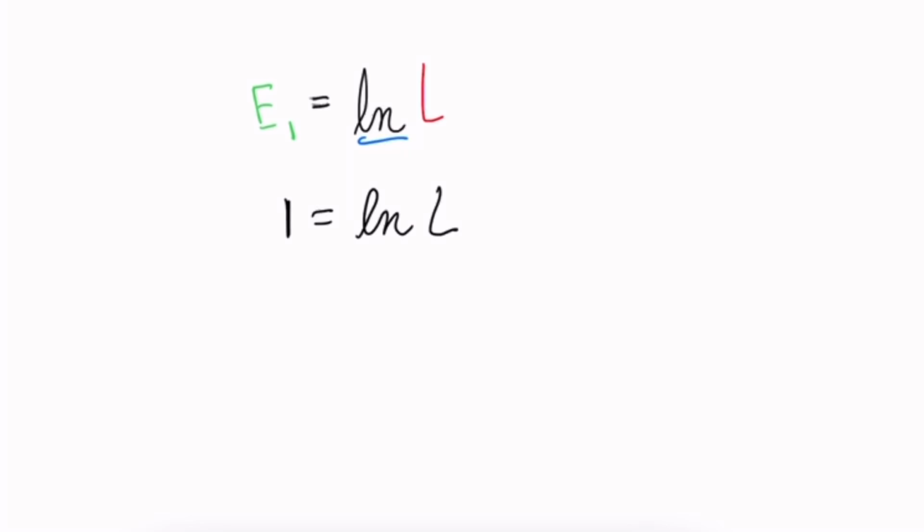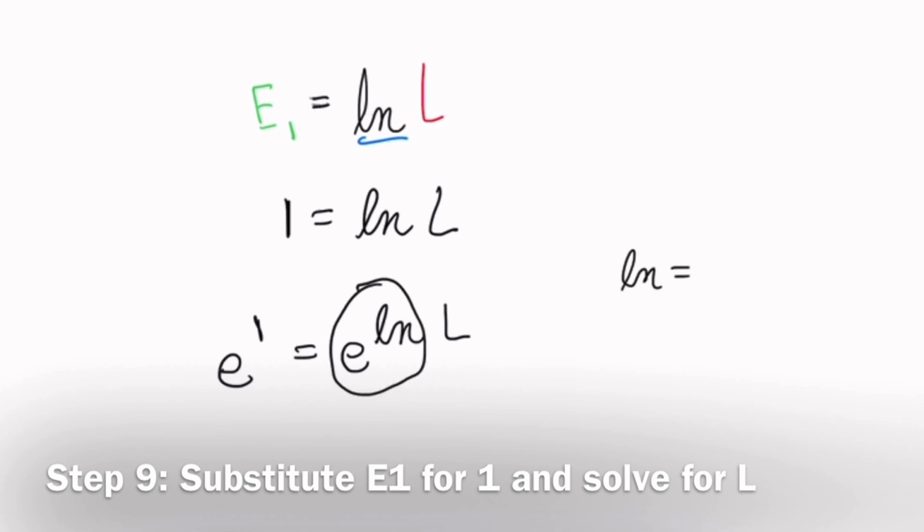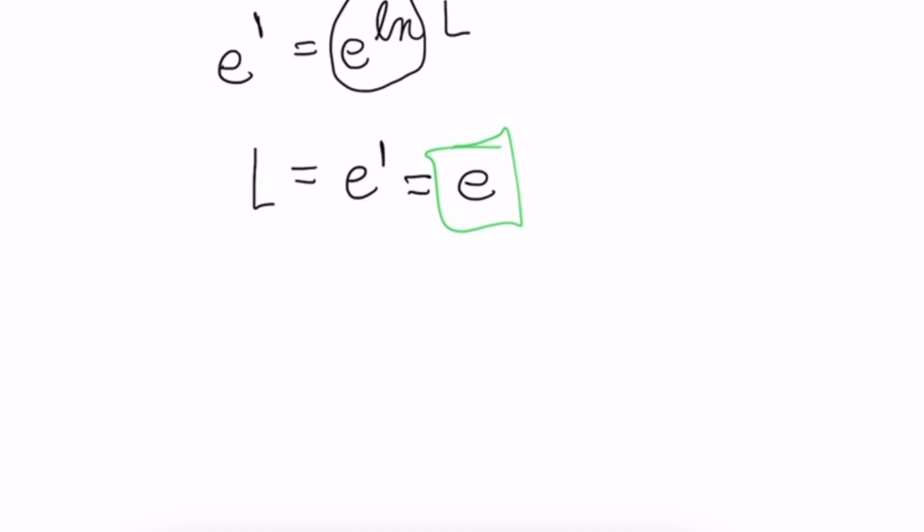This is just you raise everything to the e power, because if you were to raise this to the e power, then a log and its base cancel out, because natural log is the same thing as log base e, and e to log base e is just 1. They basically cancel out, and what you get, if we switch up the equation, is E. Beautiful, pretty E. It's equal to E.